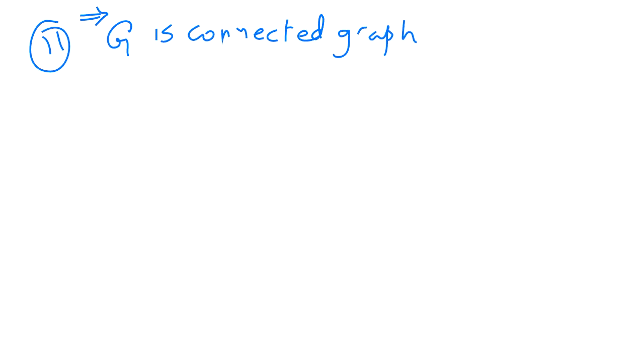I am proving one side. Suppose G is a connected graph, and I will call this edge U comma V a bridge.